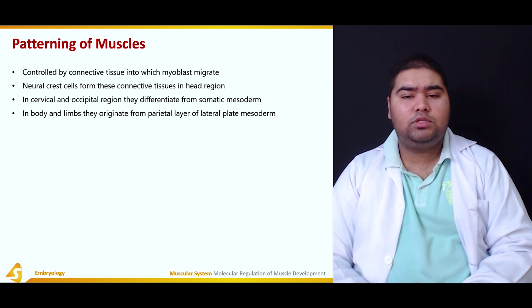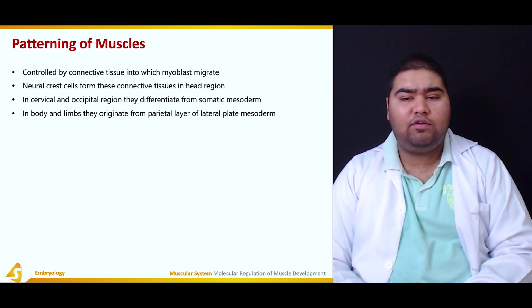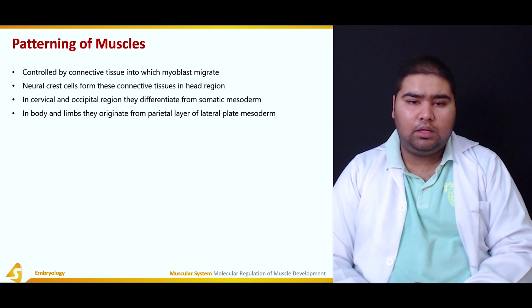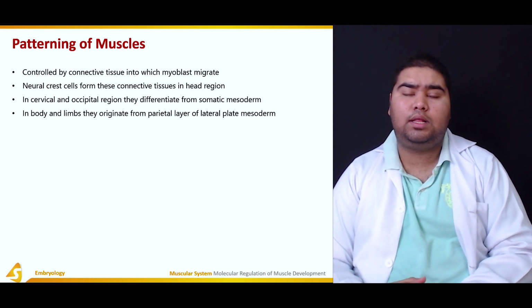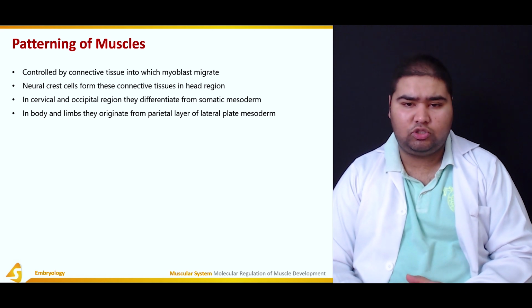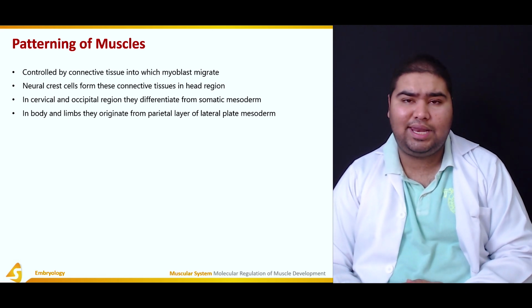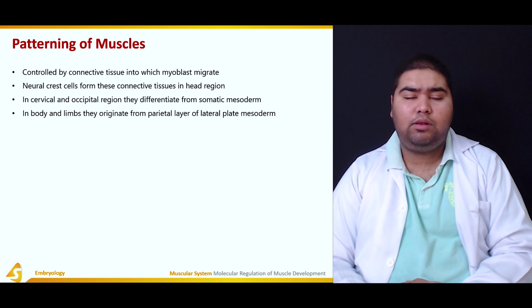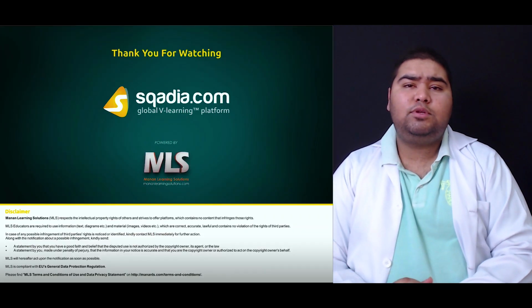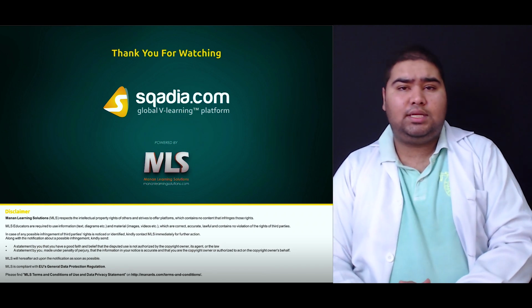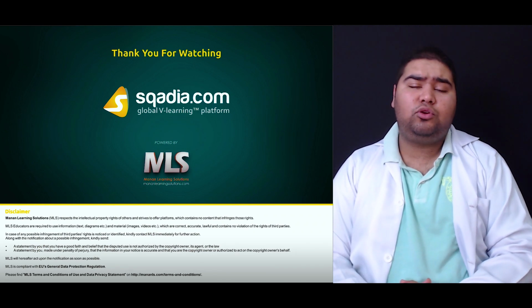In body and limbs, they originate from the parietal layer of the lateral plate mesoderm. So very evident from the statement, in the limbs and the body, the torso, they originate from the parietal layer of lateral plate mesoderm. So this was how the muscles originated, the muscle pattern throughout the body.